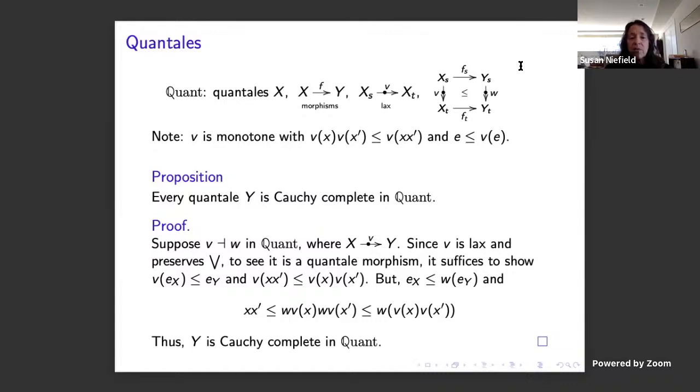But because W is a vertical morphism and is lax, we get that's less than or equal to W of V of X times V of X prime, and that's precisely what we want. Okay, oh, not quite. You have to flip the W over using the adjunction. Okay, so Y is Cauchy complete in Quant.